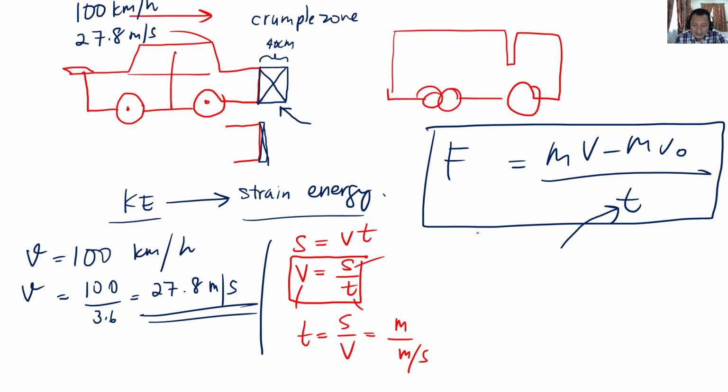So you can calculate how much time: 40 centimeter is 0.4 meter divided by 27.8 meter per second. So you're going to get how many seconds? 0.4 divided by 27.8.